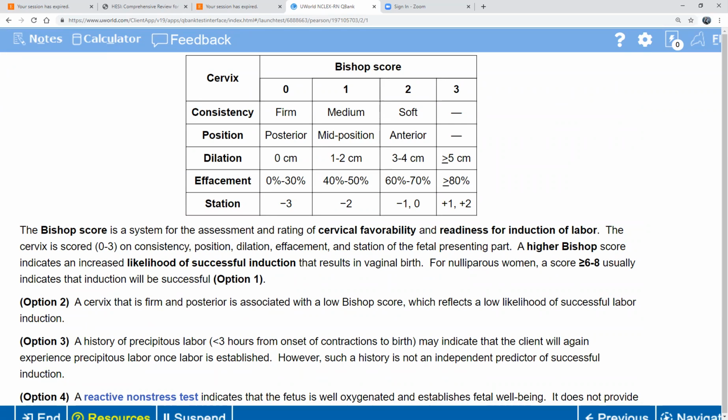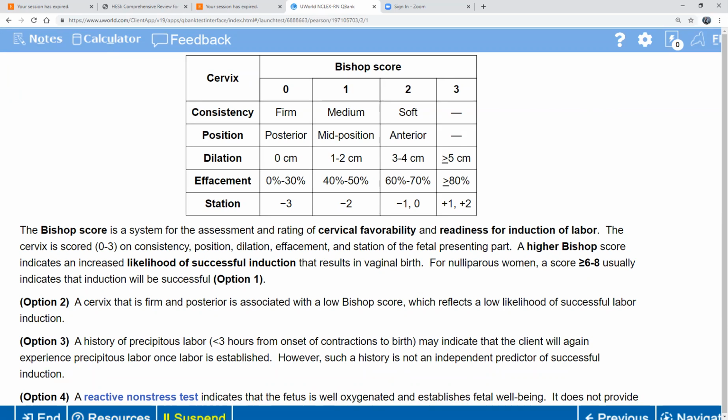Okay. So if the Bishop score is less than 6, what does that mean? That the mom is not ready for labor. Okay. Or induction thereof, I should say. In other words, if we're going to induce, we're going to give something to induce labor, we would want her to have a favorable score, which is greater than 6.